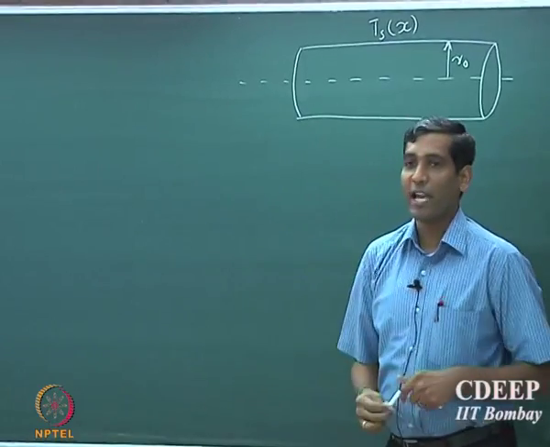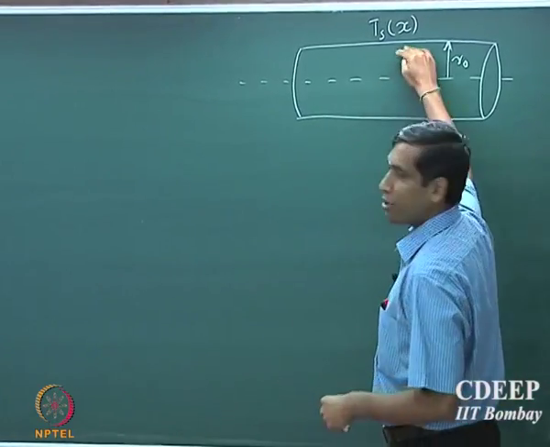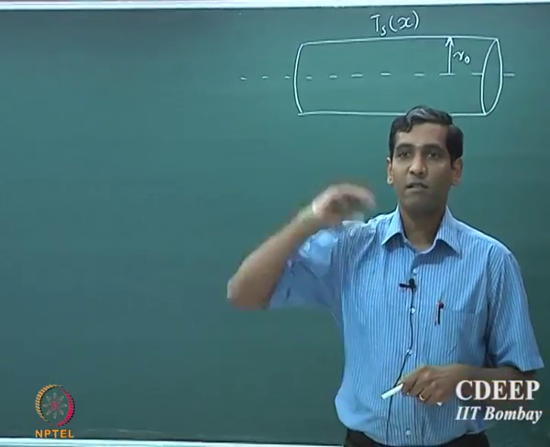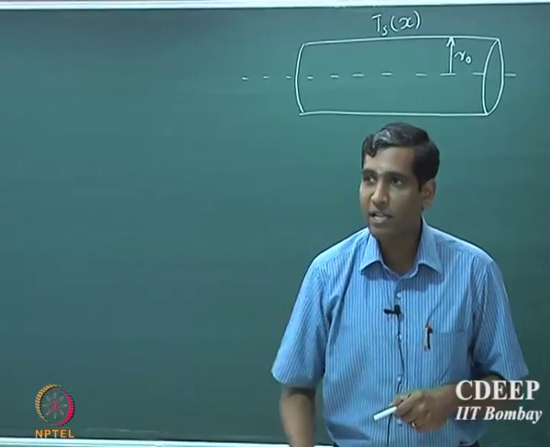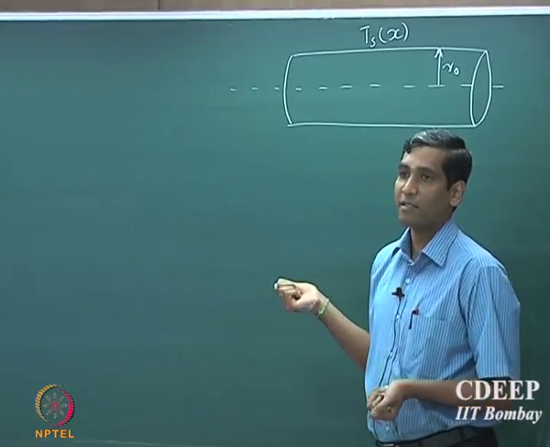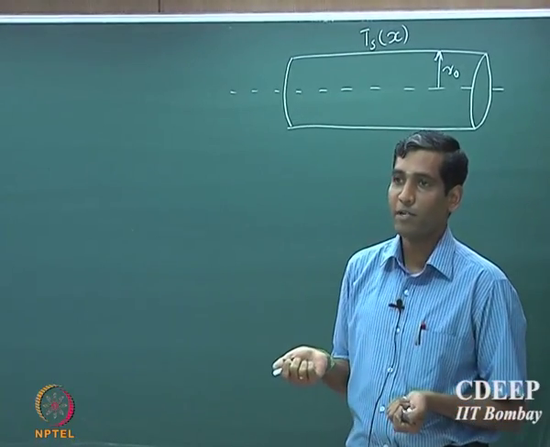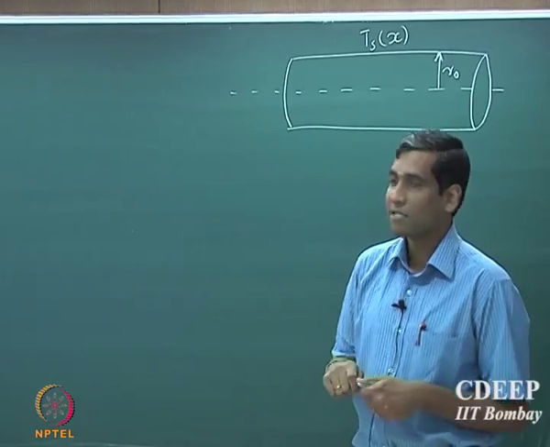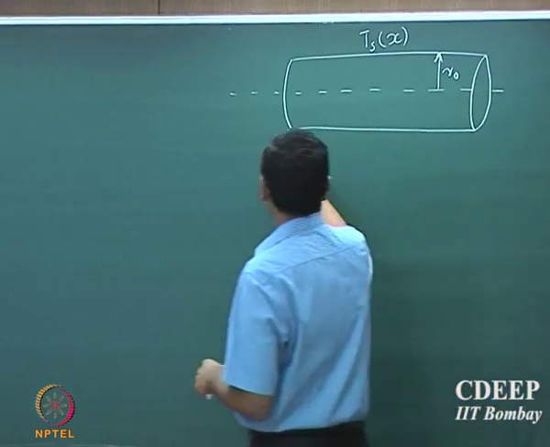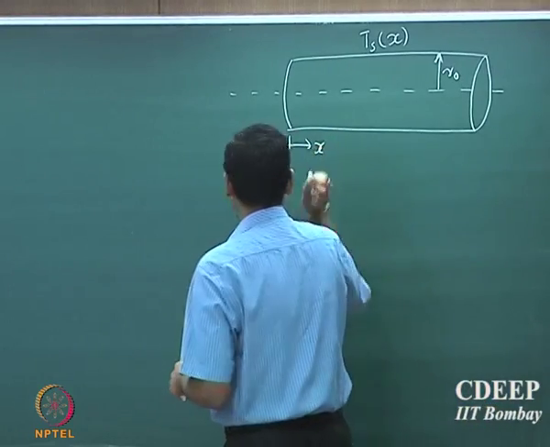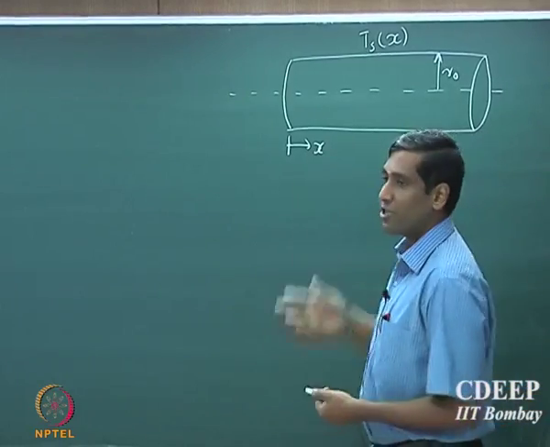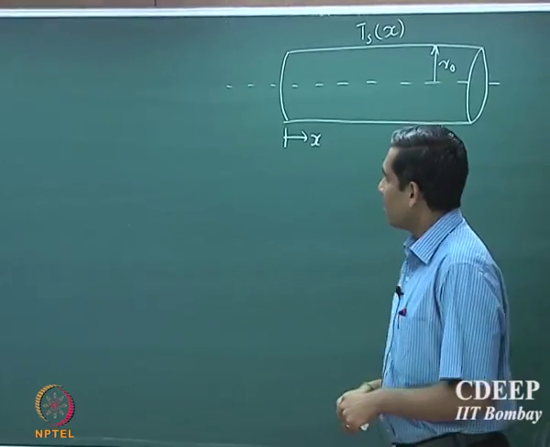So, for both the cases, we can make a general representation that the temperature of the exterior surface of the tube is Ts of x, where Ts is the surface temperature. Now, if it is constant flux, then the surface temperature can in principle vary with the x position, if this is x direction, and if it is constant temperature, then it does not change with position, right.